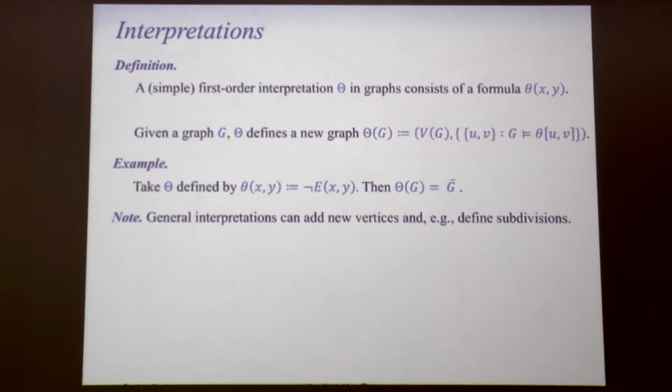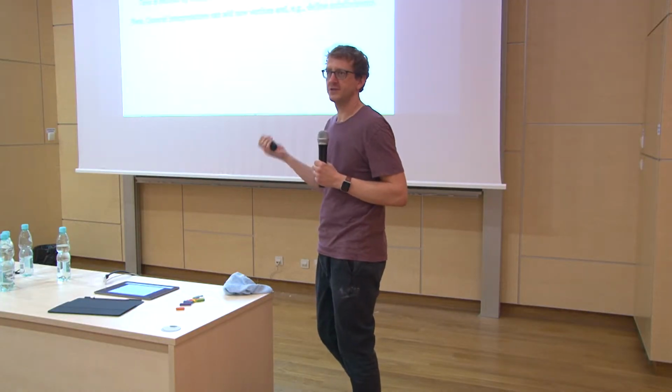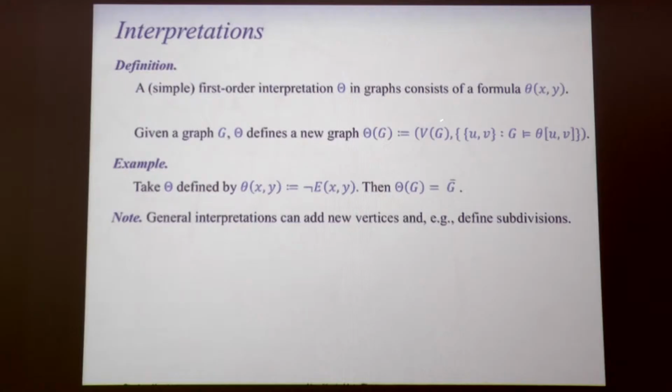Here is one example: if theta is just a formula saying not E(x,y), then the graph you generate is just the complement graph. This is the simplest and most trivial form of what's called a logical interpretation. In a more general statement, you can have more relations and higher arity relations.